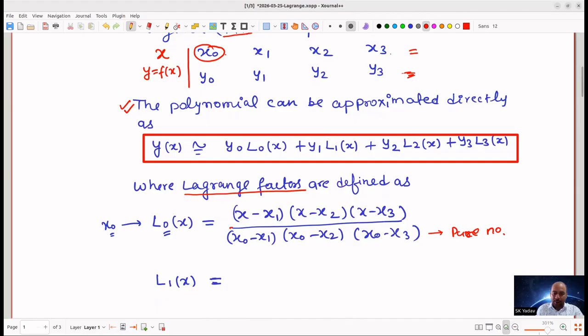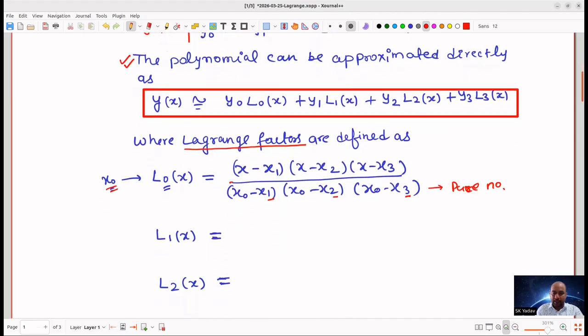In this denominator, you subtract every other data point from x0. So I have written x0 minus x1, x0 minus x2, x0 minus x3. If I have next terms like x4 and y4, one more factor will be added: x minus x4 in the numerator, and x0 minus x4 in the denominator. So you can extend this.